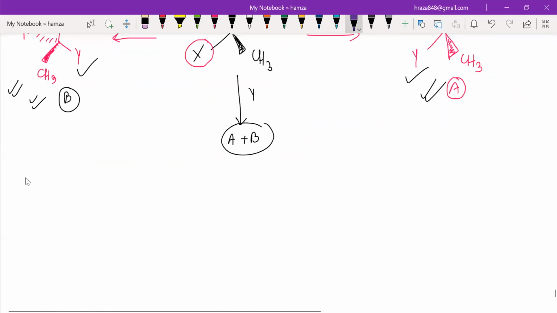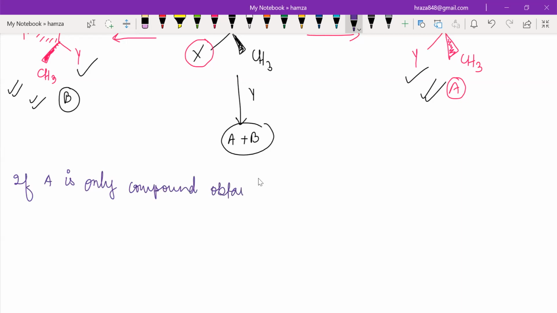So first of all, we can write, I'm going to write all the points. If A is the only compound obtained, the process is called retention.